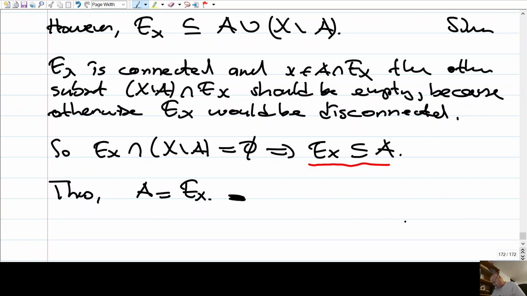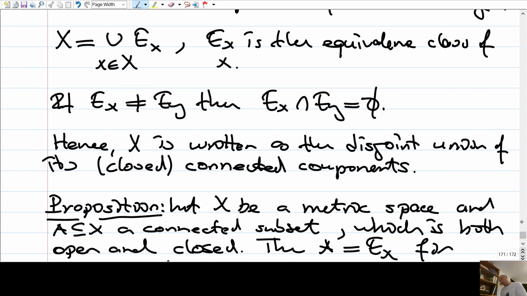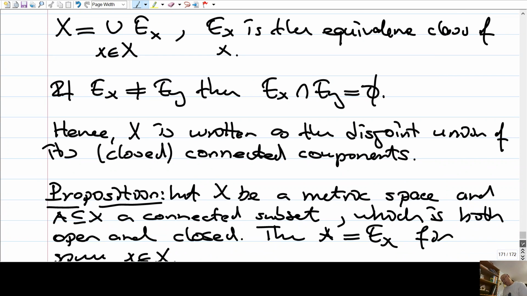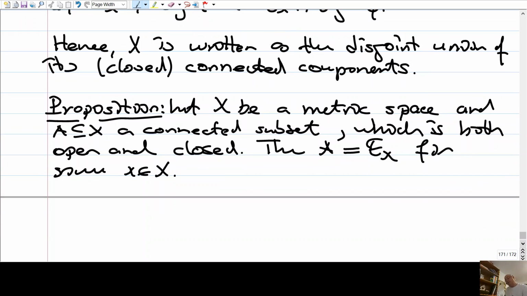So what we have proved is this. If I take any connected subset of X which is both open and closed, then it must be one of these connected components.